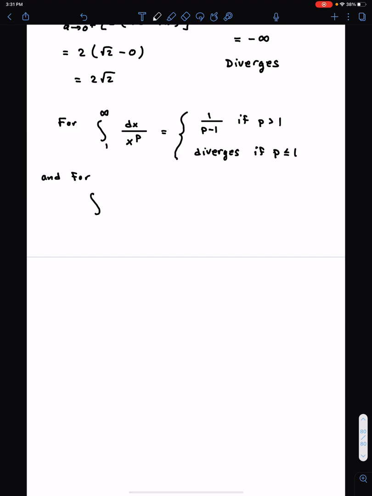And then for the integral from 0 to 1 of dx over x to the p, this is equal to 1 over 1 minus p if p is less than 1, and this diverges if p is greater than or equal to 1.